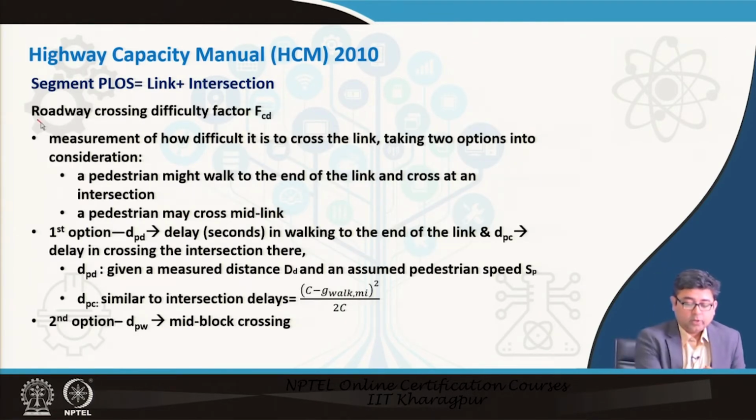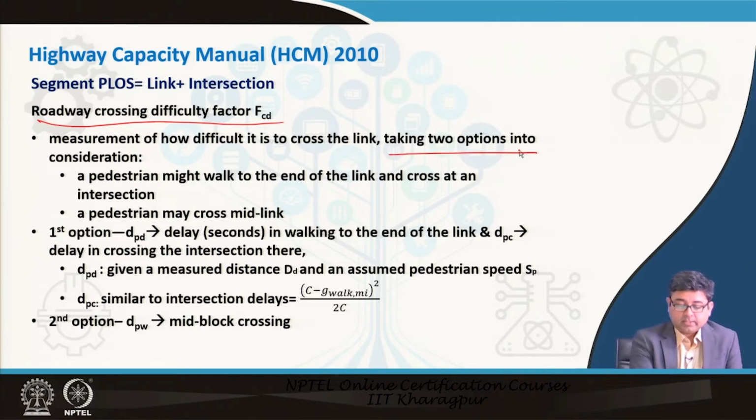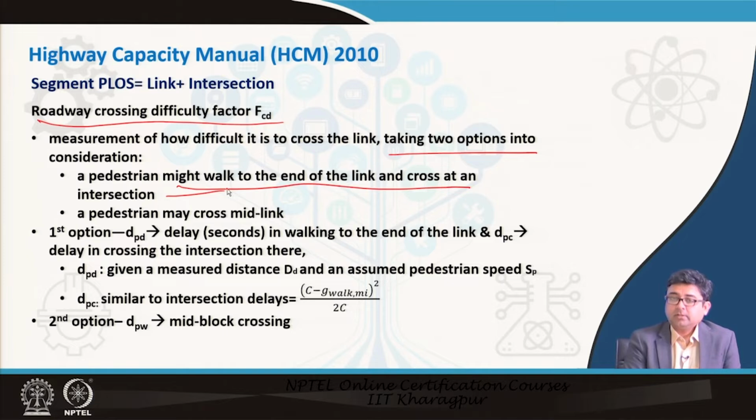What do you have to measure in the field to calculate this fourth factor, the roadway crossing difficulty factor? It has two options. One is a pedestrian might walk to the end of the link and then cross at an intersection. The other is that the pedestrian may cross mid link or mid block.